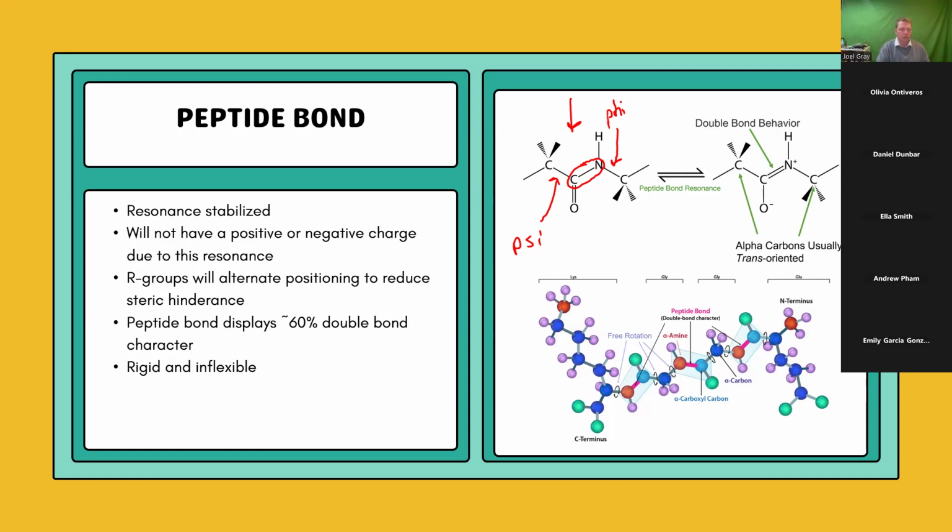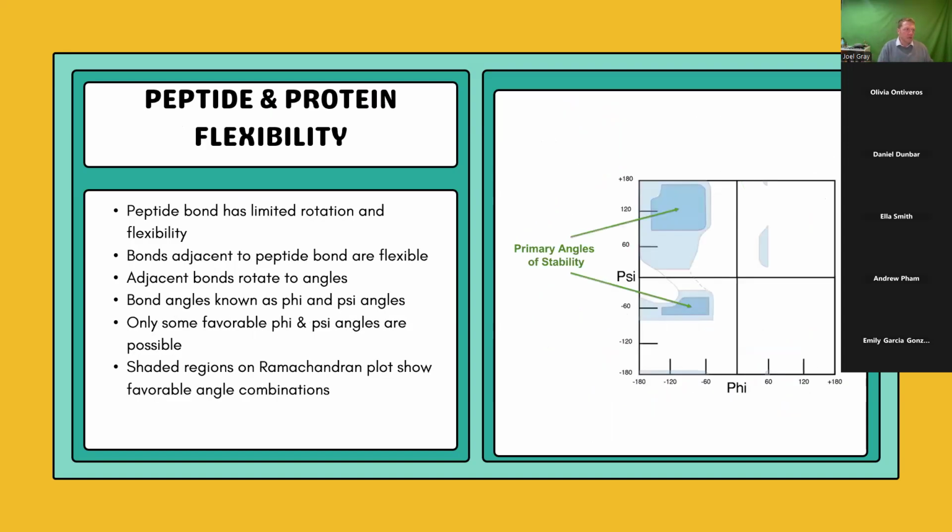I cannot do that. This plot right here is known as a Ramachandran plot. And what this shows me is my favorable combinations of phi and psi angles.